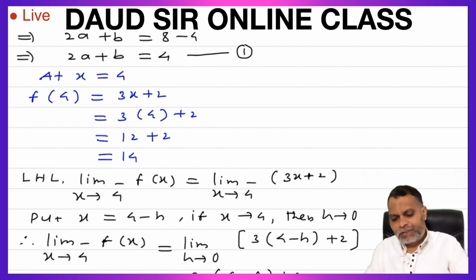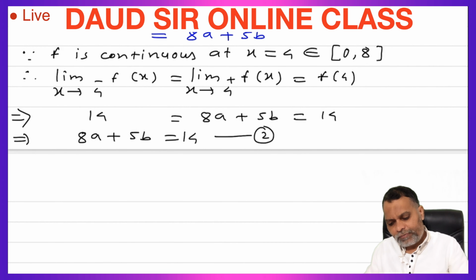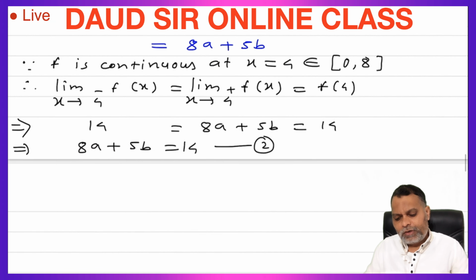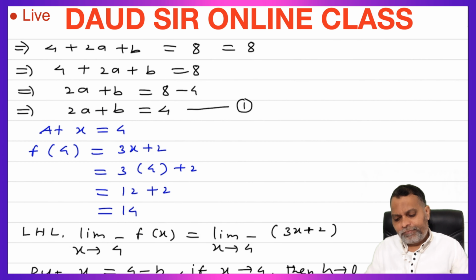Notice equation first, 2a plus b is equal to 4, and this is 8a plus 5b is equal to 14.